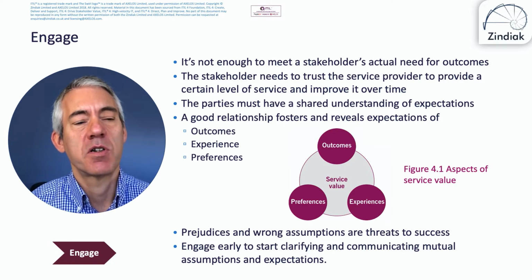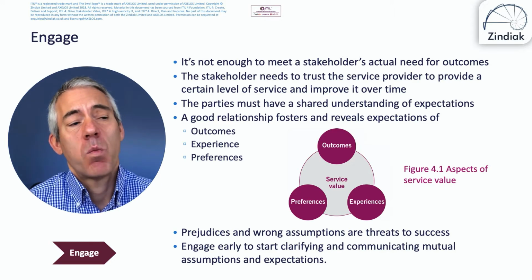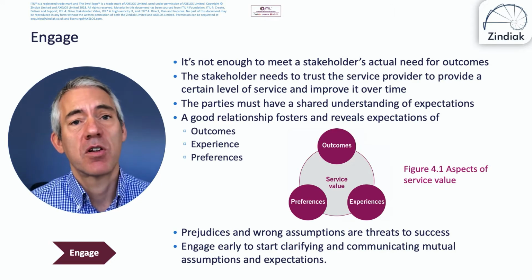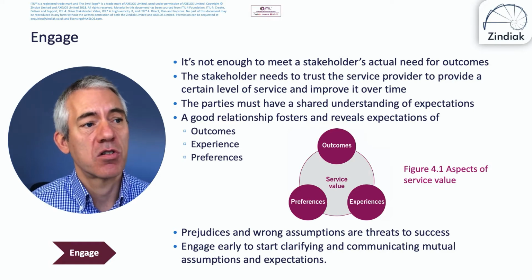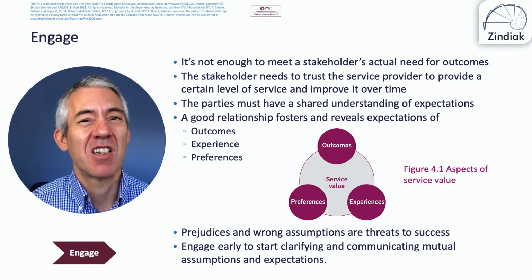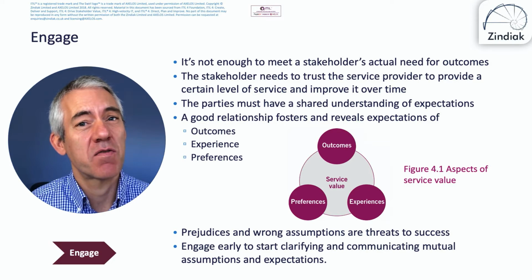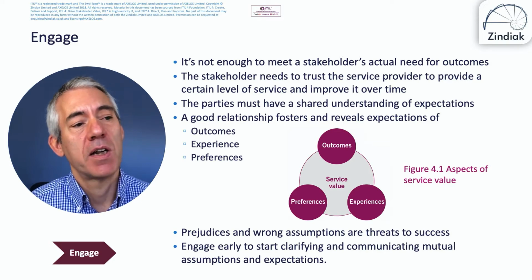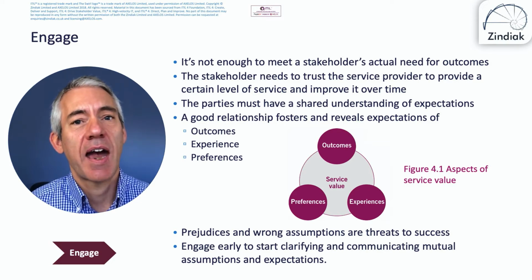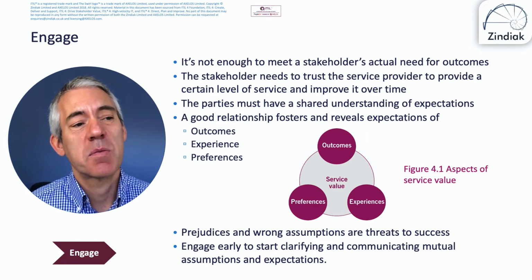So they've changed perceptions to experiences. What it's looking at is that outcomes are important, but it's not just the outcomes. I have preferences about maybe how the outcome is achieved sometimes, and we need to take those into account. And then the experience really is that perception.